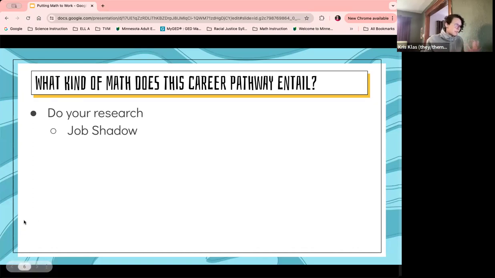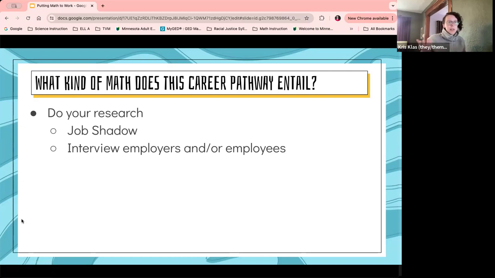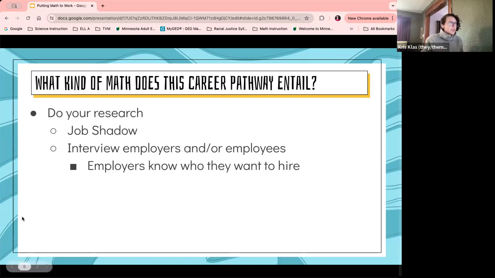So that's what feels ideal about the job shadow, but that's not always possible for you to go into one of those spaces. So some other things that you can do is interviewing employees or employers in the different industries. So when I was preparing to do the curriculum for the child care assistant, Minneapolis Adult Ed has a relationship with Minneapolis Kids, which is kind of after school and before school programming.